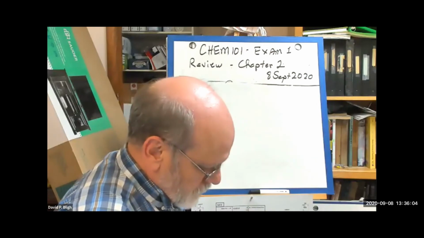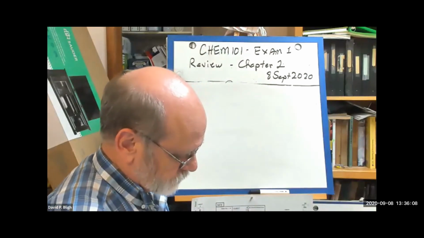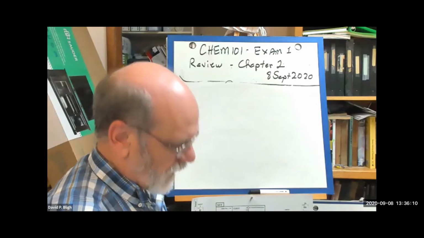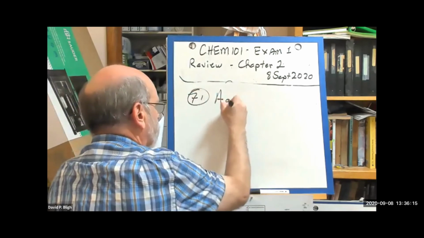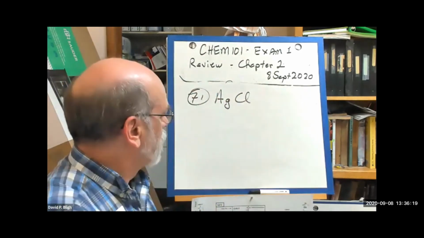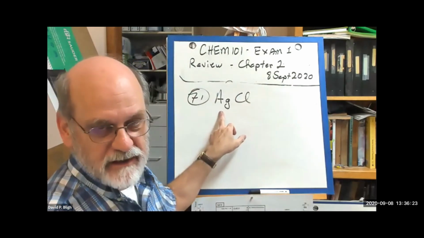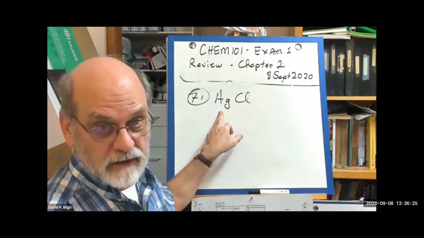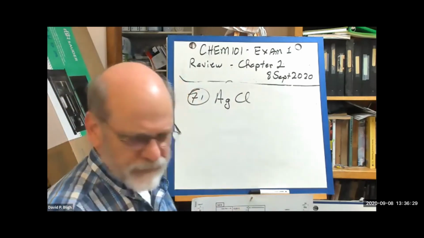What about this one, 71? We know that's chloride. What's Ag? Silver. Right? Silver. All right.